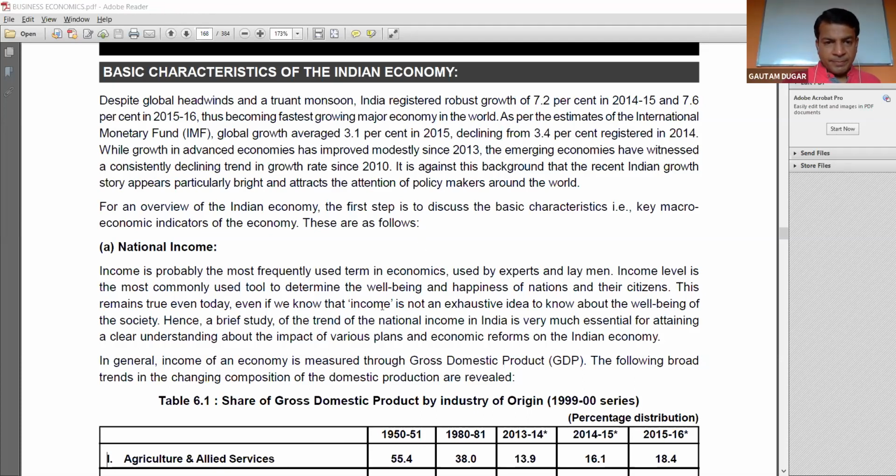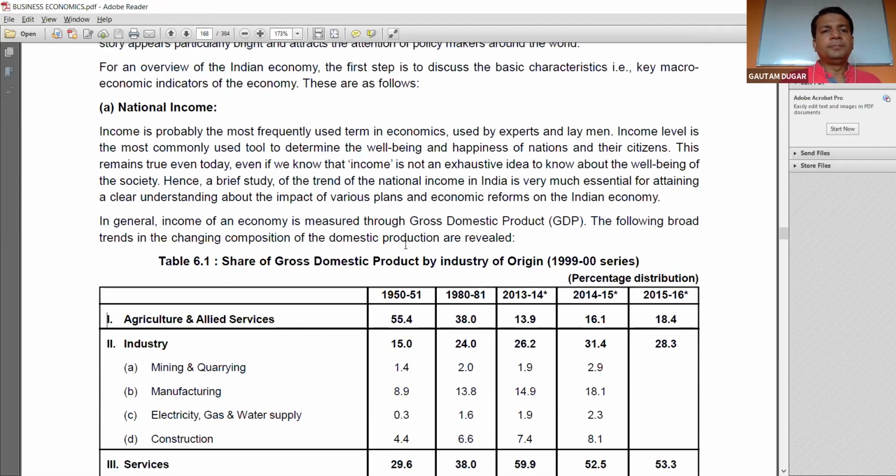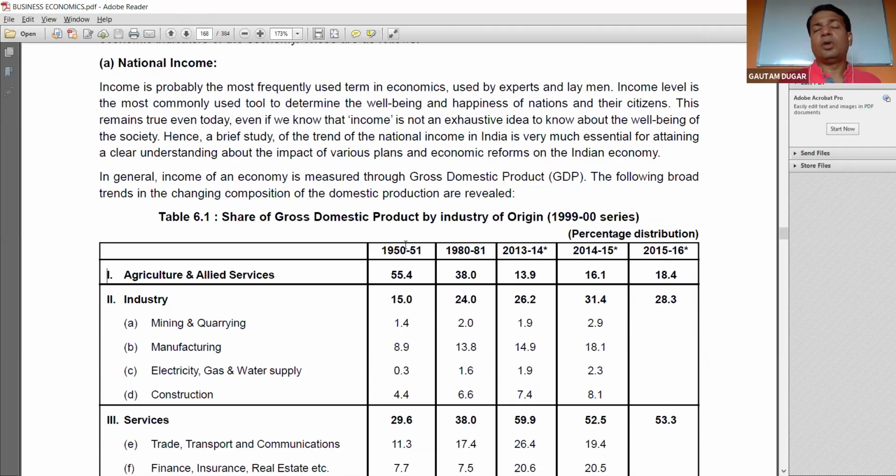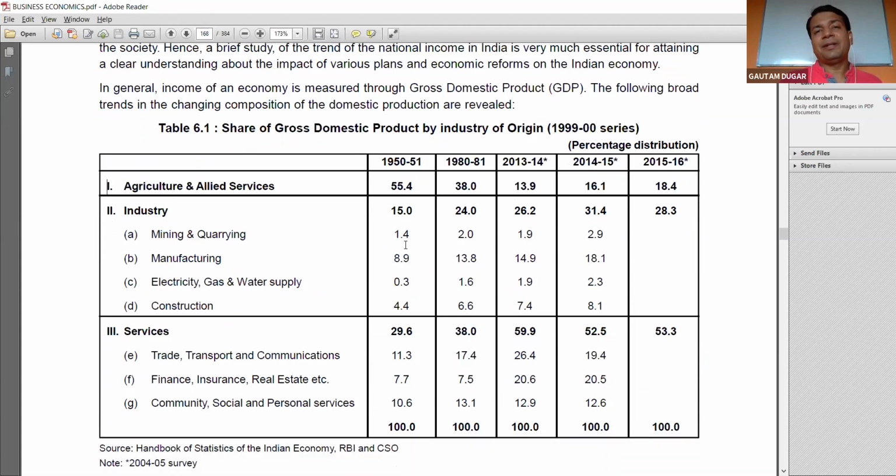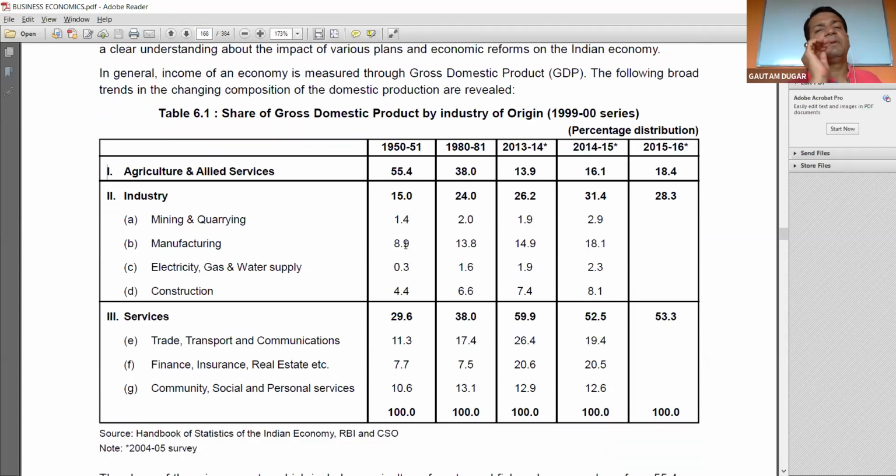Next, these tables are not required to be mugged up at any cost, but you must have a brief outline with the idea that when we became independent, a major part of the income of the country was coming from the primary sector, because we were more of an agrarian economy.